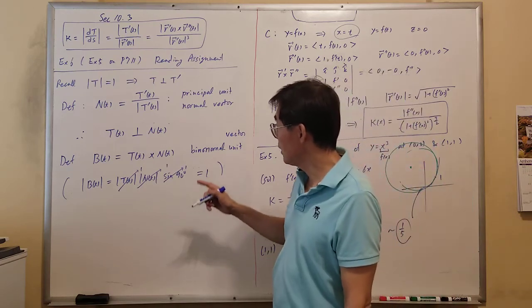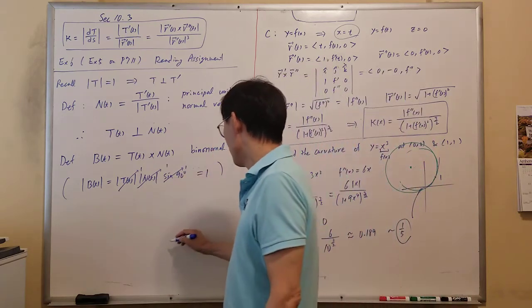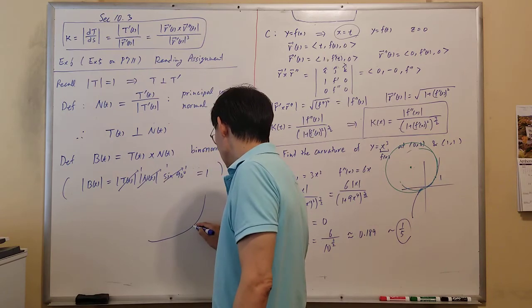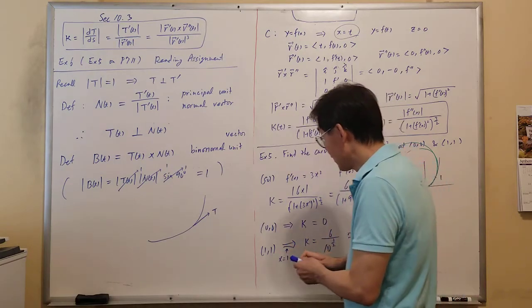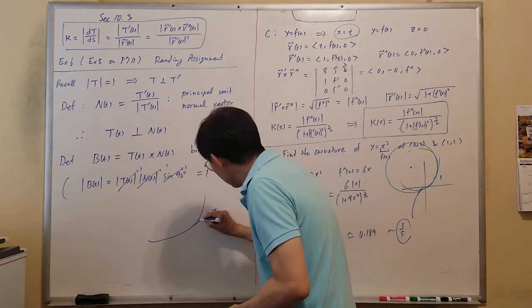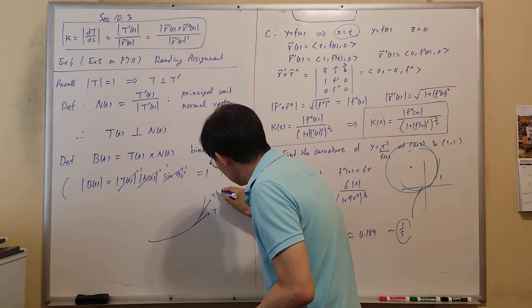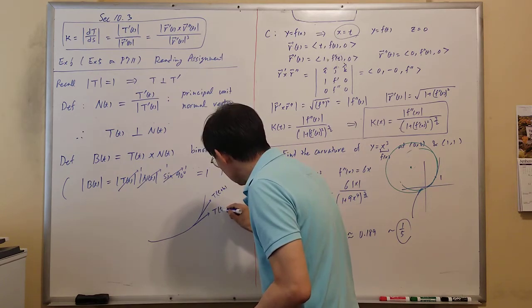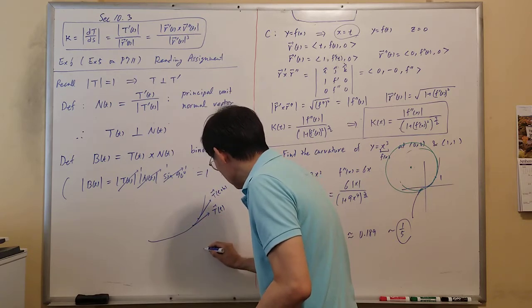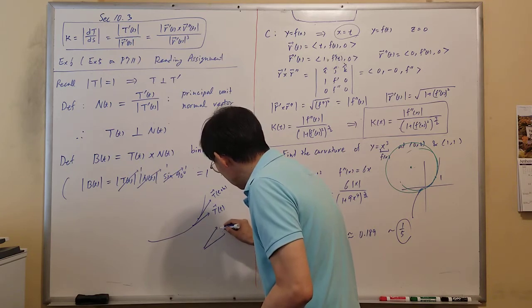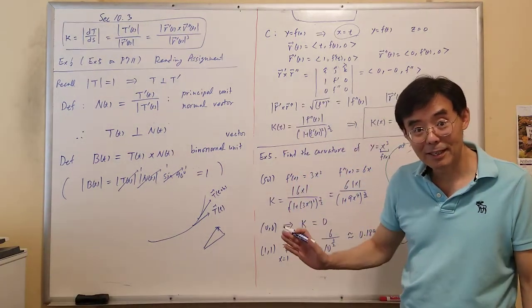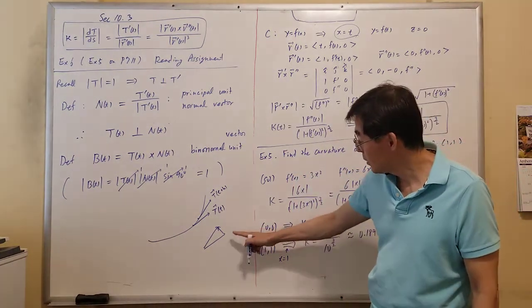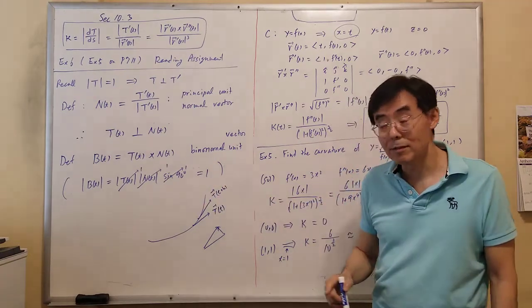So when you have a curve like this, the unit tangent vector is here, and then think about your normal vector N. If T is going from here to here, from t to t plus h, and I draw them together over here, this one minus this will be pointing in that direction. So this is the direction of the T derivative.